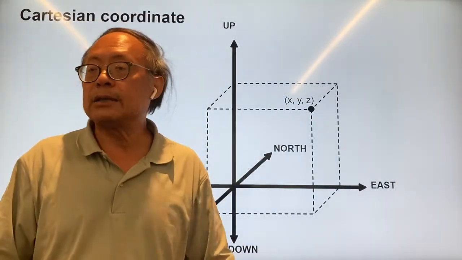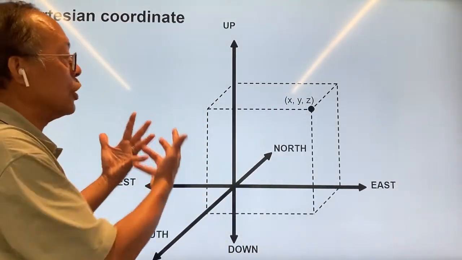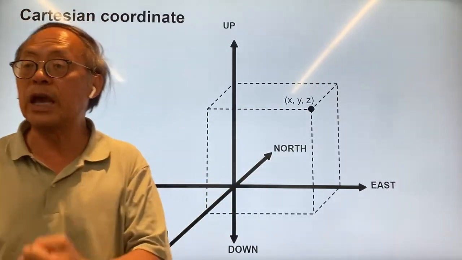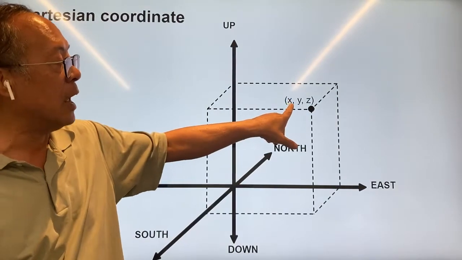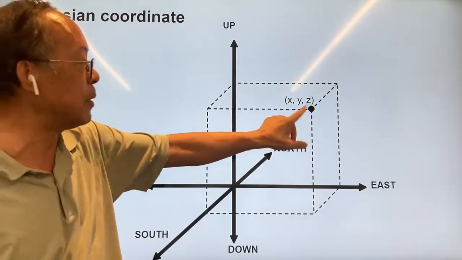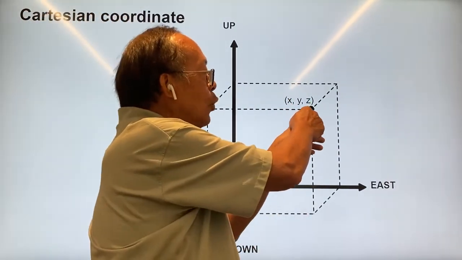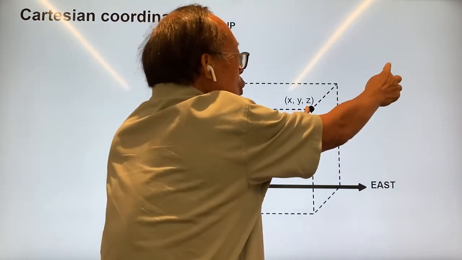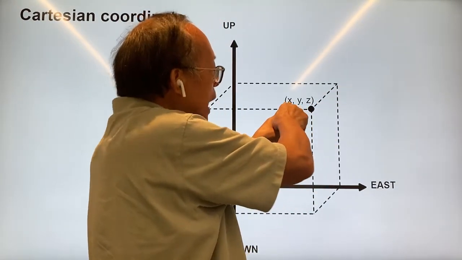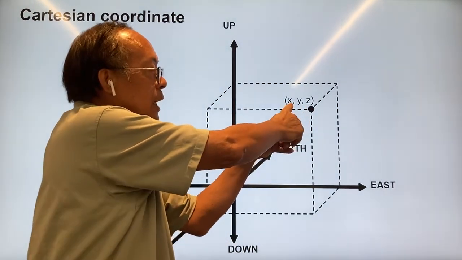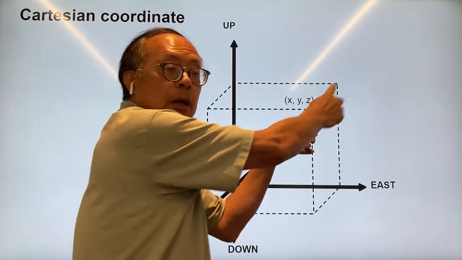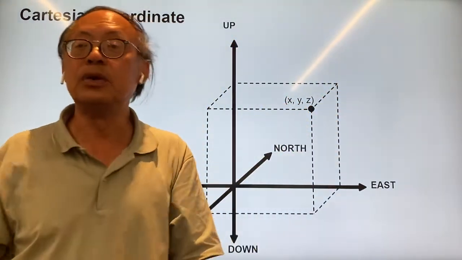Now, if you look at the Cartesian coordinate representation of location in space, where you have one point represented by the x, y, z coordinate, and suppose this is called point P1, and you have another, P2, you can have P1 being represented by the coordinates x1, y1, and z1, and the other point being x2, y2, and z2.